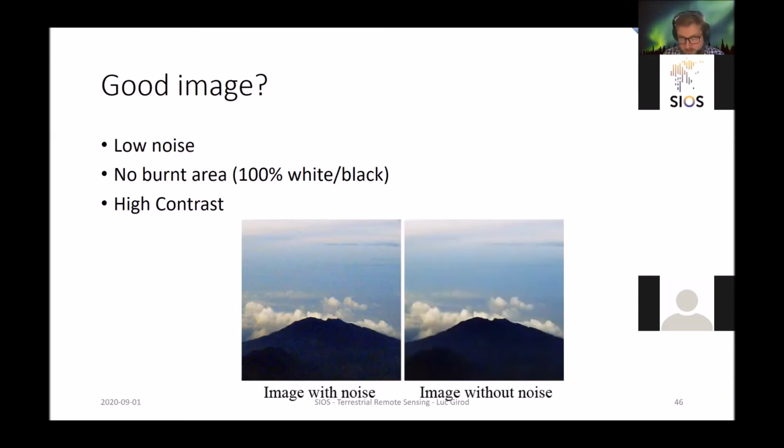It's a lost spot. And then the last thing is you want to have the highest contrast possible. Because if you take an image and everything looks a bit gray, then you have very low color resolution and everything looks a bit the same.